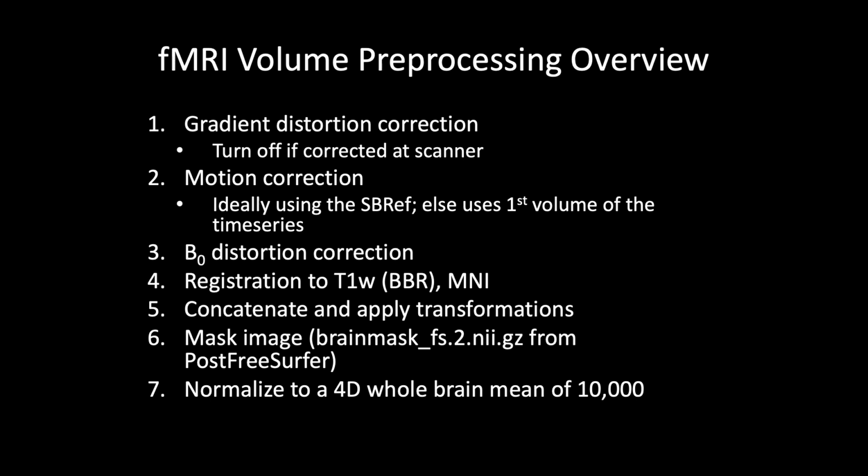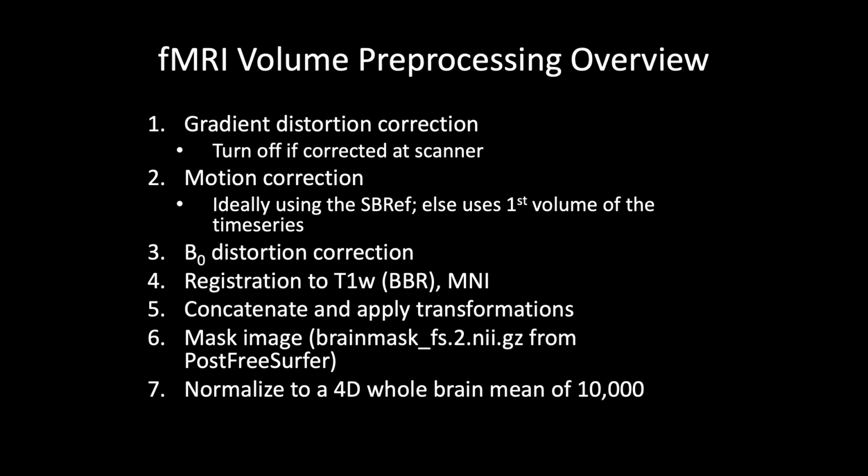And essentially what the process does is it calculates what all these transformations are first, and then it applies them in one fell swoop to try and minimize how many translations and rotations and so on that you're applying to your data.